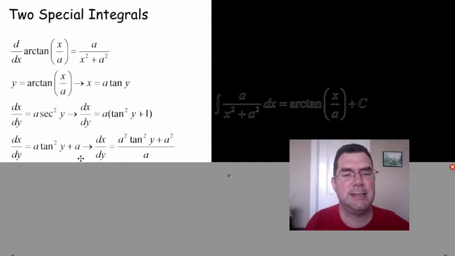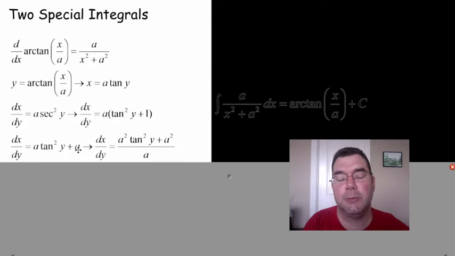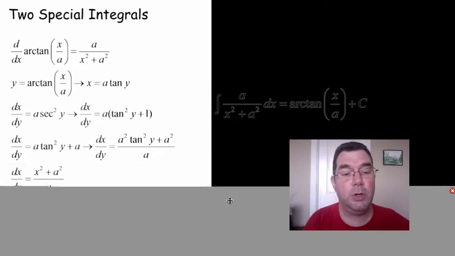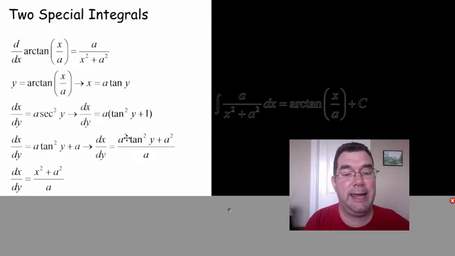But remember, the last time I was able to make something so that I could substitute x back in. And I almost have that here. I'm just missing an a. So what I do is I multiply both of these by a, and then I divide by a, which is like multiplying by 1. So I get a squared times the tangent squared of y plus a squared, all over a. And so just like before, this a squared tangent squared y is just what I set x equal to, except it's being squared.